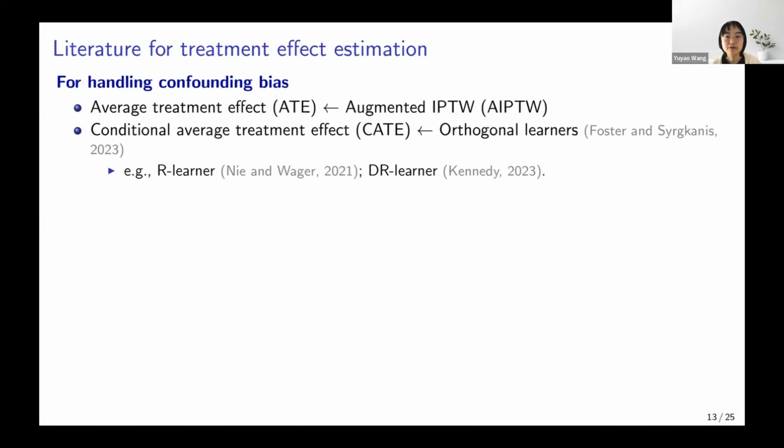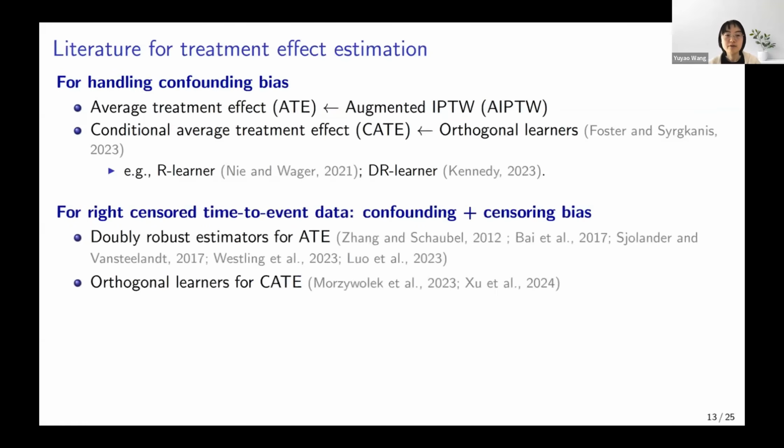And for conditional average treatment effect, there has been growing interest recently in orthogonal learners, which are shown to have good convergence properties, for example, the R-learner and DR-learner. For right censored time-to-event data, doubly robust estimators have been developed for ATE, and orthogonal learners have been developed for CATE.